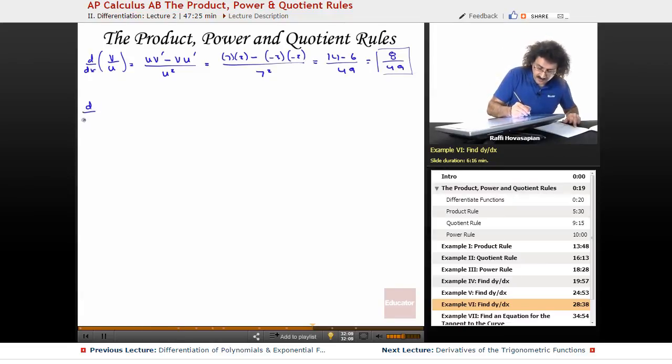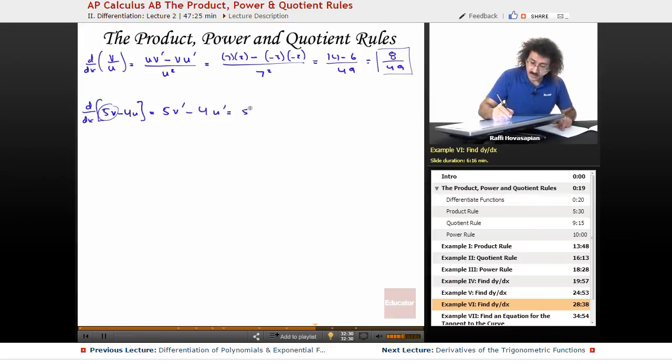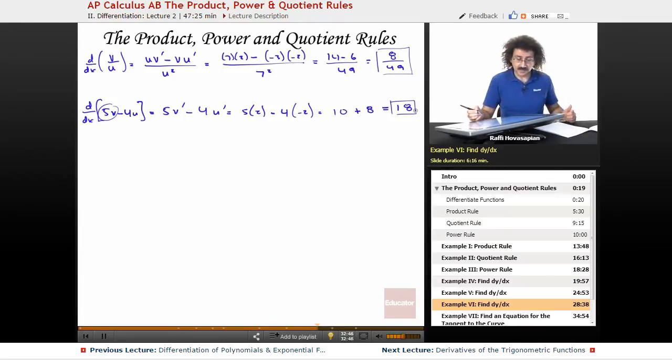Now we have d dx of 5v minus 4u. Well, that's 5v prime. The derivative of this is just the constant times the derivative of this. That's just 5 times v prime minus 4 times u prime equals 5 times 2 minus 4 times negative 2 equals 10 plus 8 equals 18.